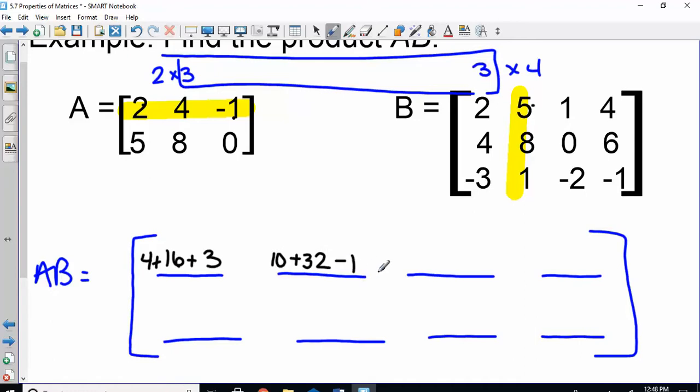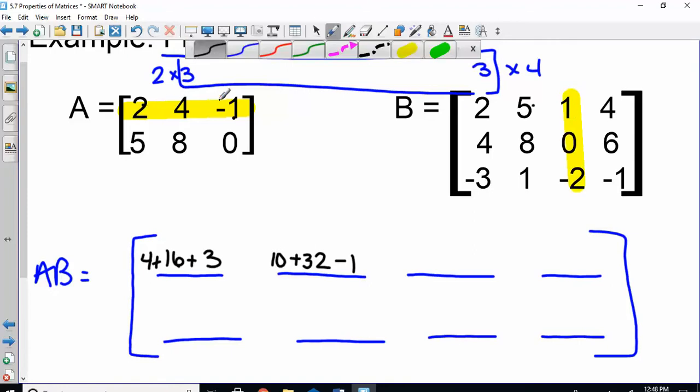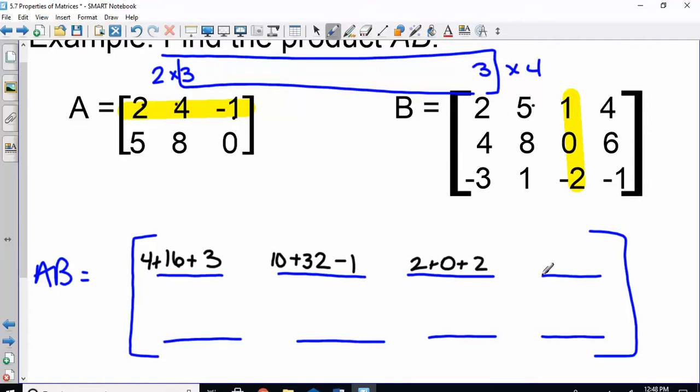Third numbers, -1 times 1 is -1. This is the entry in row 1, column 3. So we take row 1 times column 3. So when we do that, 2 times 1 is 2. 4 times 0 is 0. -1 times -2 is 2.